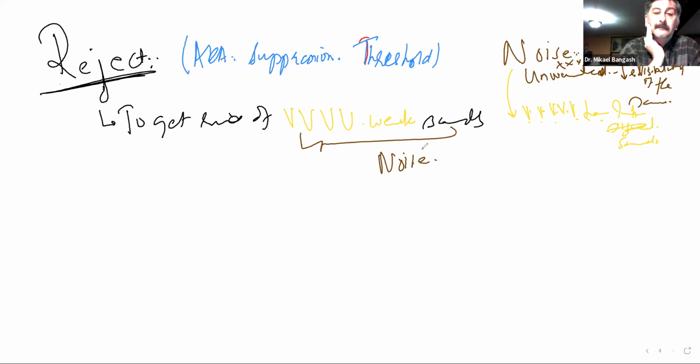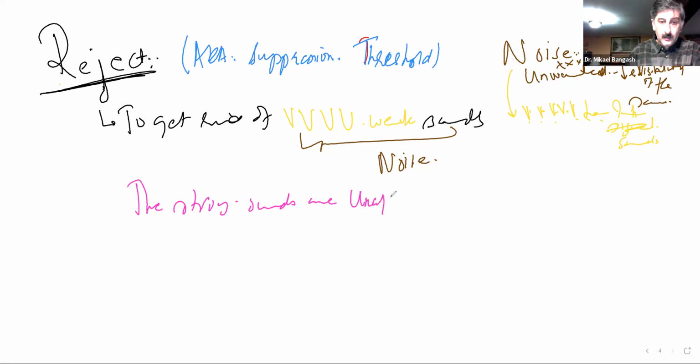Did that make sense? It will not be able to reject the strong signals. So we can mainly say that the strong signals, or strong sounds, are unaffected by reject, or what you call suppression, or what you also call a threshold.